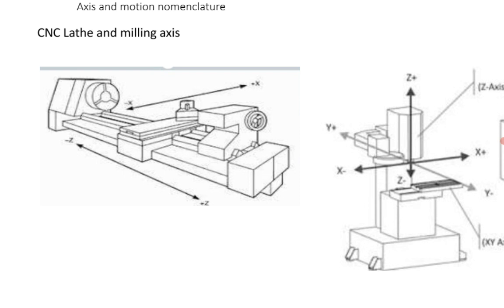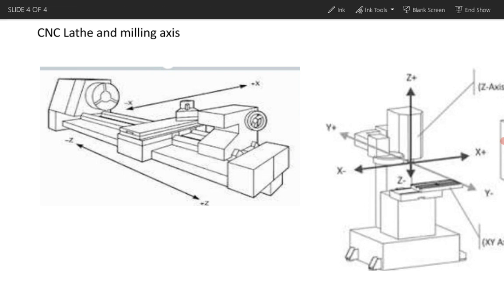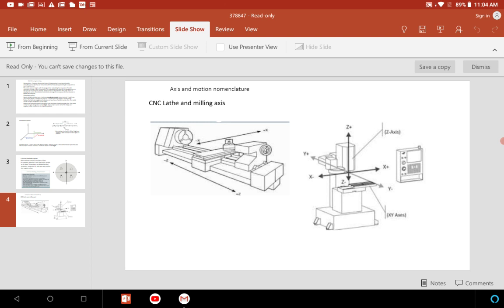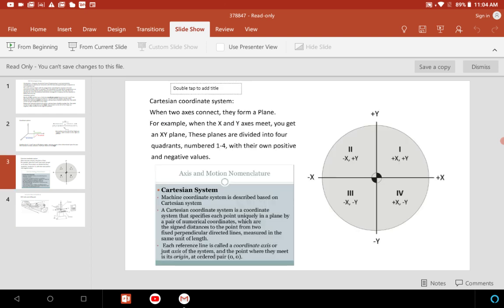Accordingly, the x direction is considered perpendicular to this z. This is how you can say the axis directions for CNC turning and milling machines.